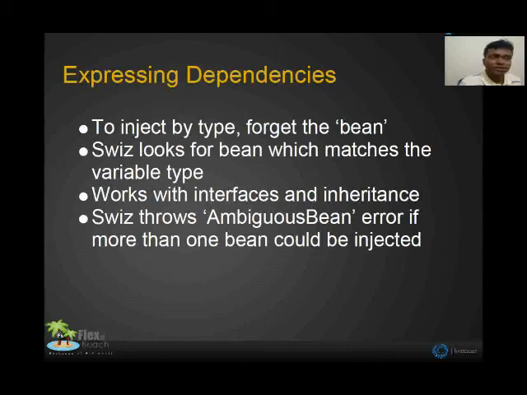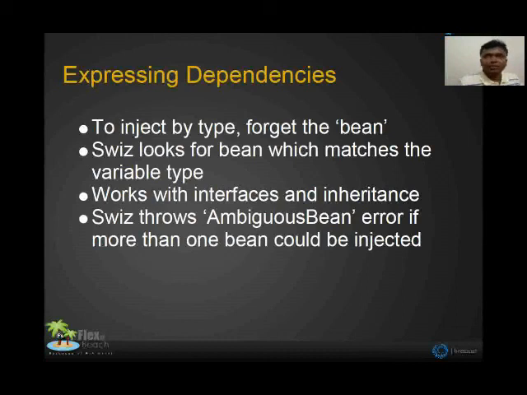That means if you have written a bean of the same class type twice or more in the context, it will return an ambiguous bean error unless you mention a particular bean ID when you inject it. This will return a runtime error with the ambiguous bean error.